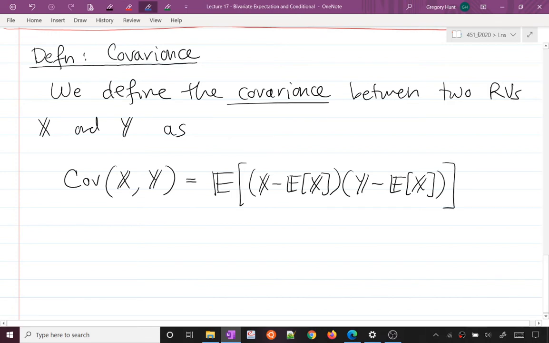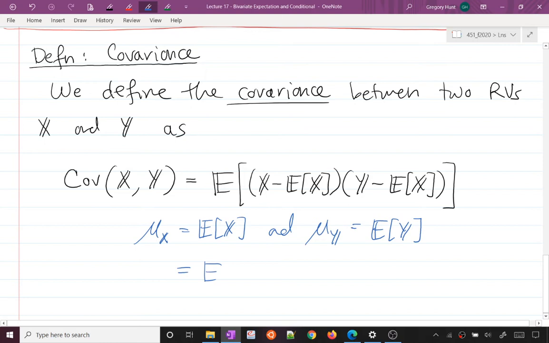Oftentimes, we will see people write mu x for the expected value of x and mu y as the expected value of y, just notation, in which case you could write covariance as the expected value of x minus mu x times y minus mu y.